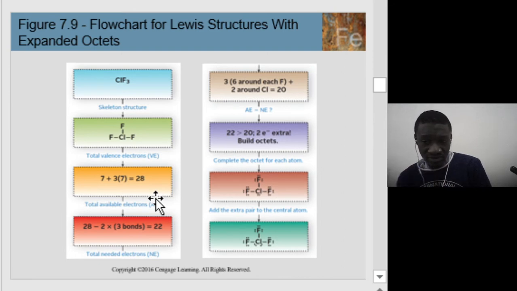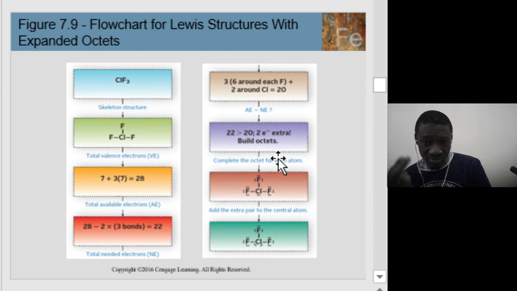If it's short, you're now fixing a double bond, because notice that this is 22 and this is 20, and when you equate 22 and 20, you know it's 2 electrons short, because what we're doing is electrons.